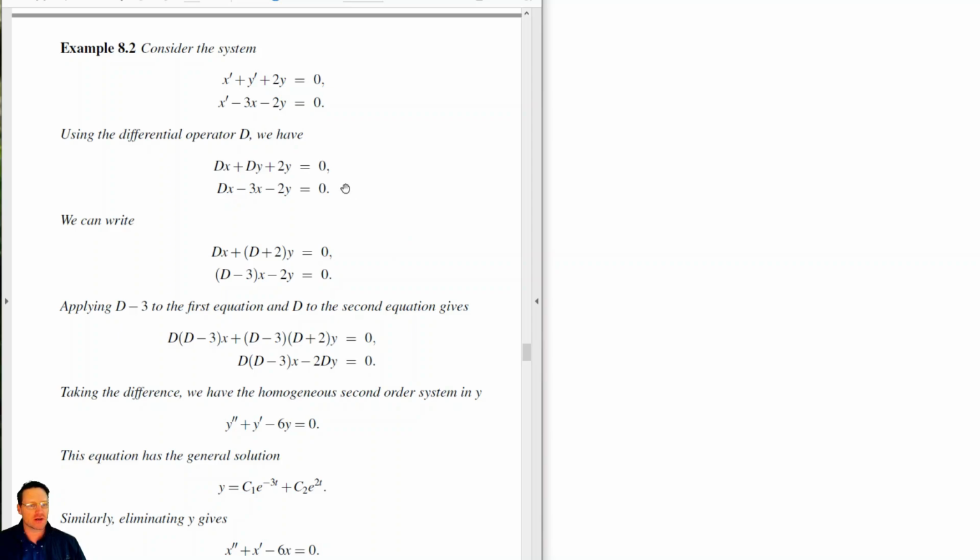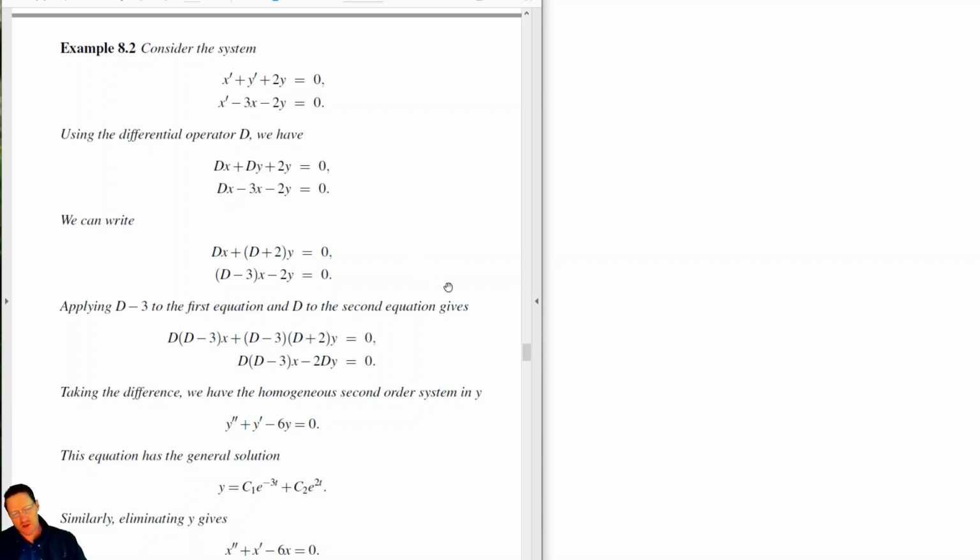We're factoring out the y on the right-hand side, just like you would in algebra. And so we have the operator D + 2 operating on y there. And likewise, in the second equation, we have the operator D - 3 operating on x.